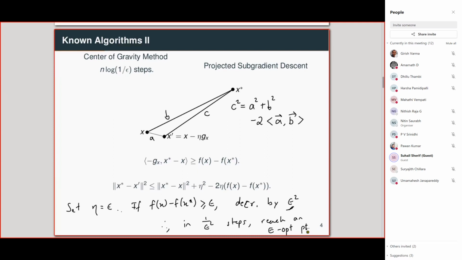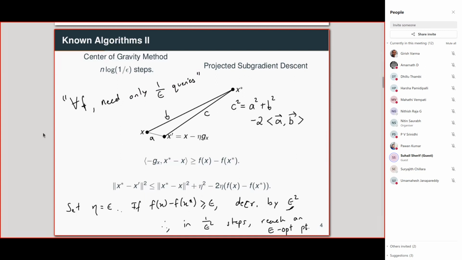And you might ask, okay, if this is true for any function, is there another algorithm which does better than this, which is also true for any function? And that is what our lower bound is against. So suppose there was a statement saying for all f, you need only, say, 1 by epsilon queries.